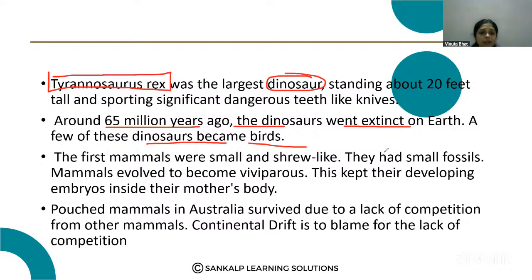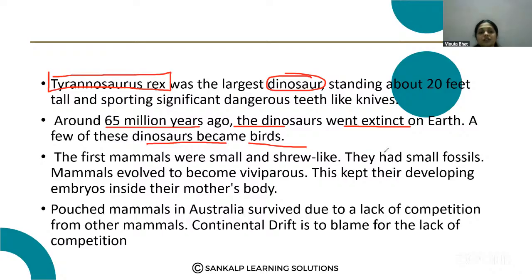The first mammals were small and shrew-like. They left small fossils, and mammals evolved to become viviparous. Commonly in mammals, you can observe the viviparous condition. What is the meaning of viviparous condition?